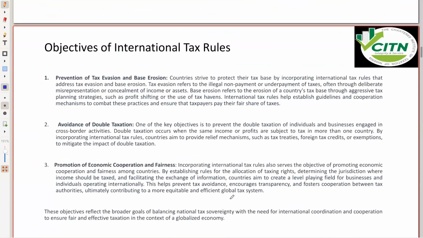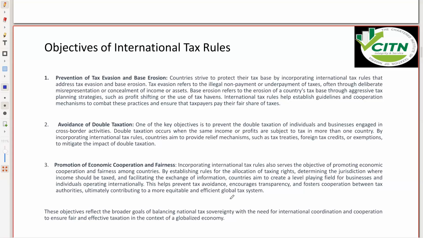So why do we need to have international tax rules? We've addressed some of them before, but let's look at some of them again. Objectives of international tax rules. So why don't we say that, okay, if we're charging PAYE in Nigeria, the way we charge tax to everybody residing in Nigeria is the same way we should charge tax on anyone who earns income out of Nigeria?